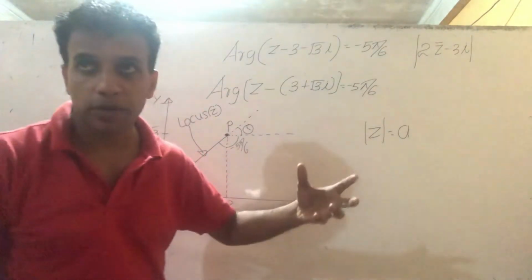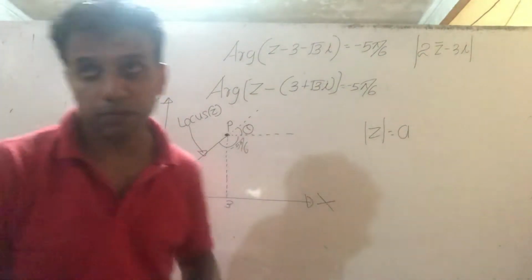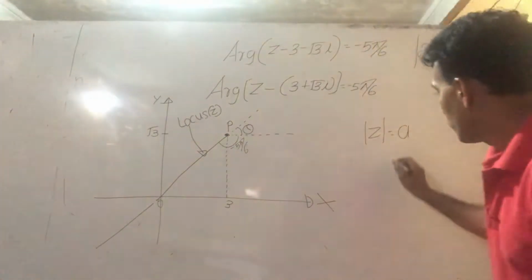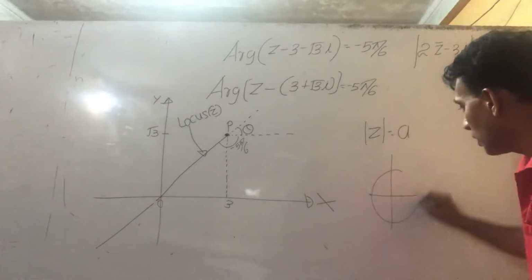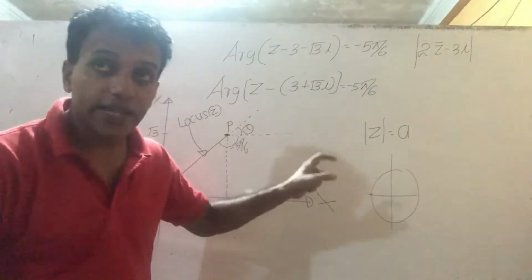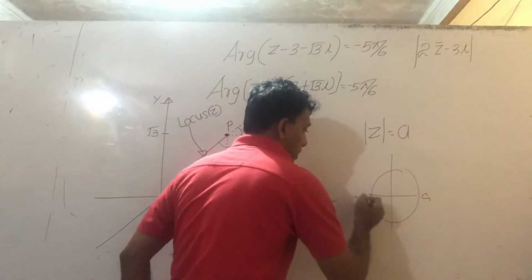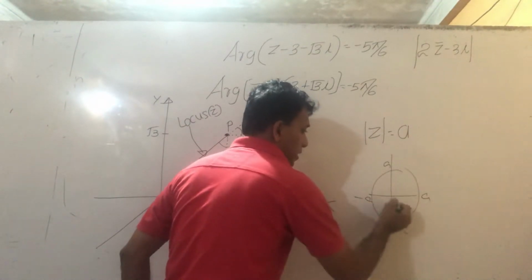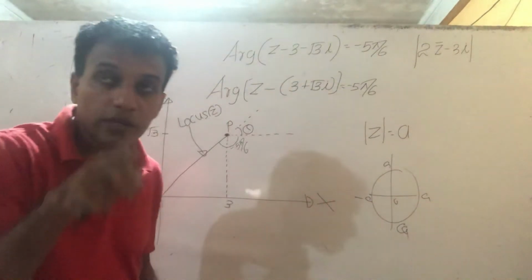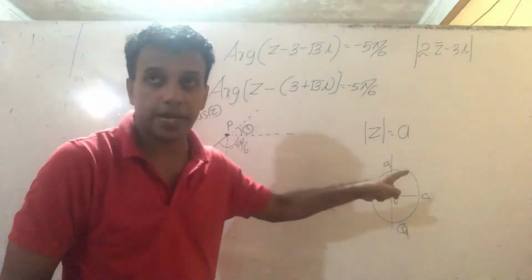A is a number. Therefore, as we learned in the theory class, it becomes a circle because the distance is always the same. How is the circle? The center is the origin, and the radius is this a. So here a, here minus a, here a, here a, like that circle. So remember, the complex number z lies on this circle.